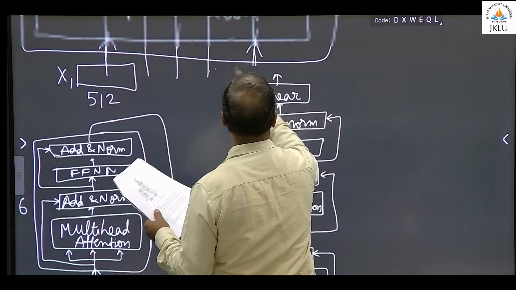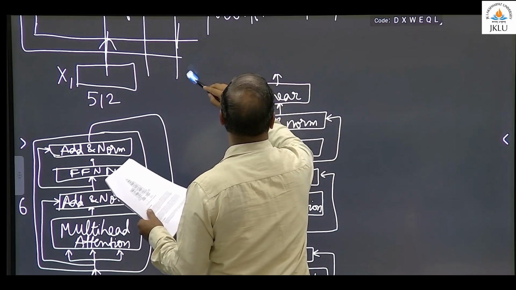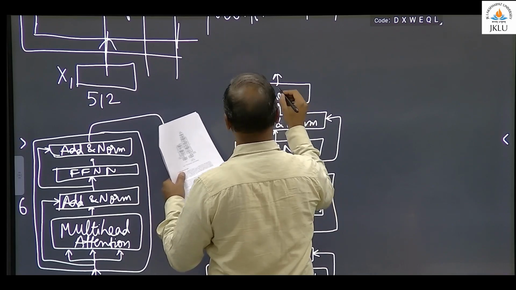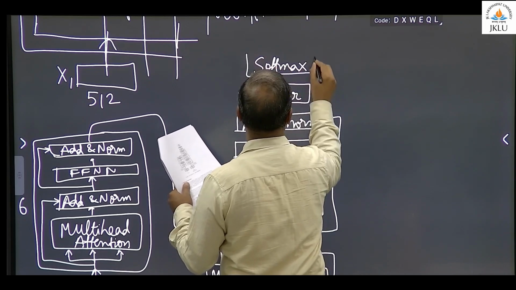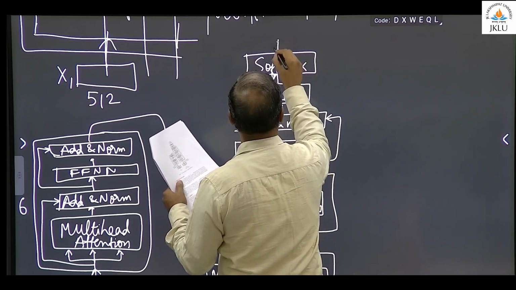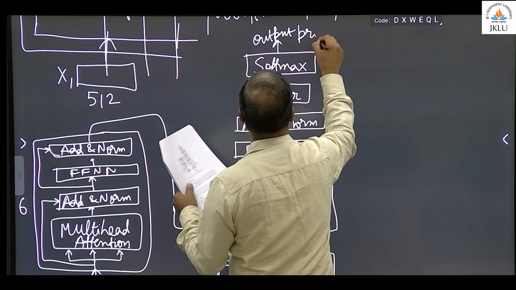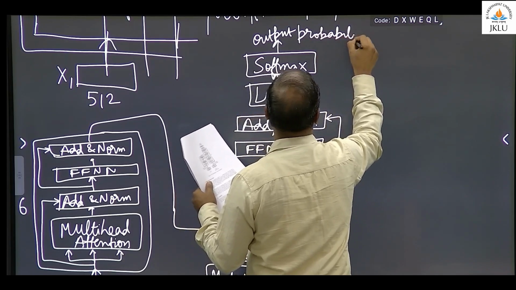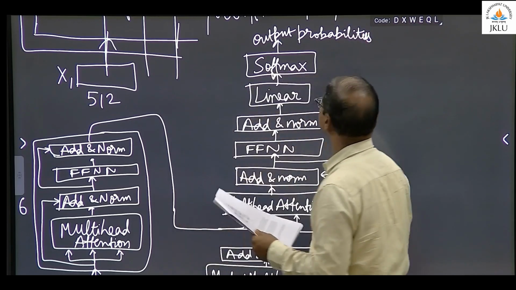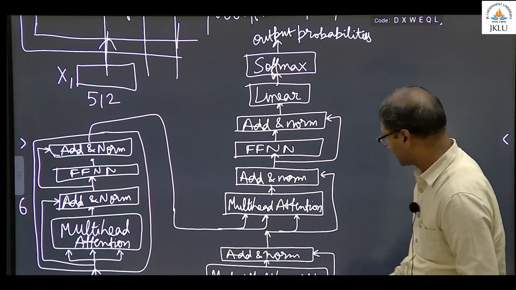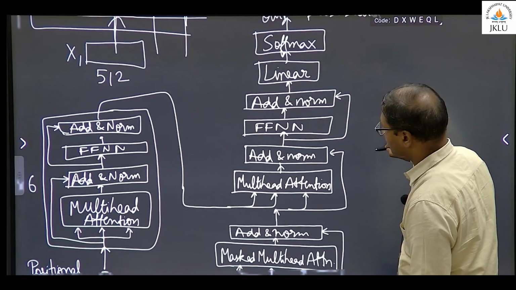Then there is this softmax, and then that gives you the output probabilities. So this is what we have as the transformer network.